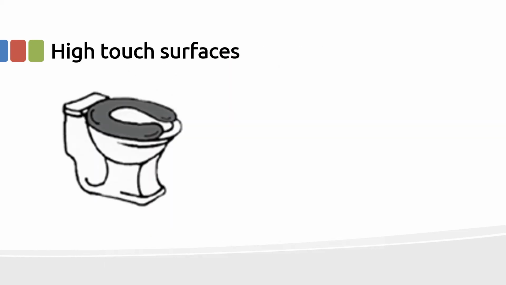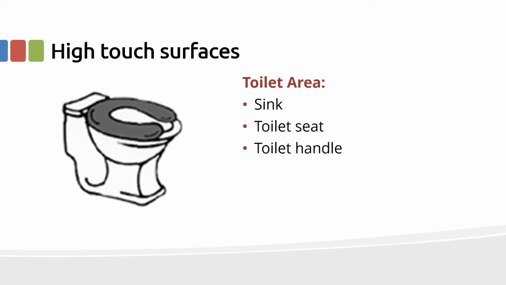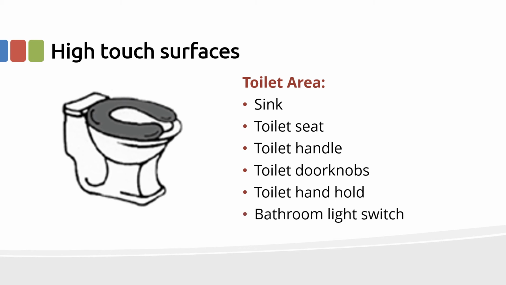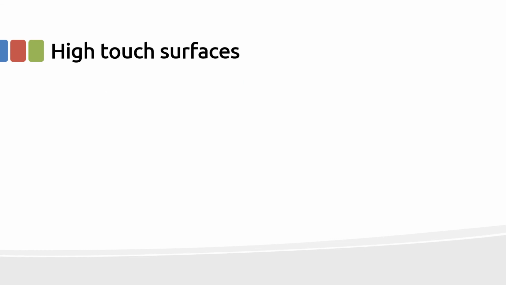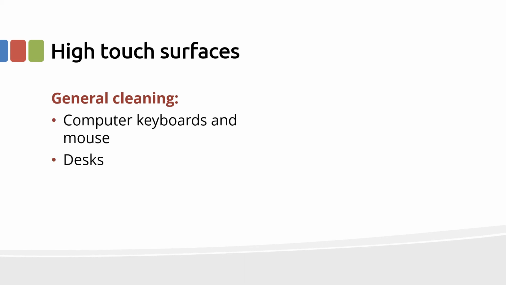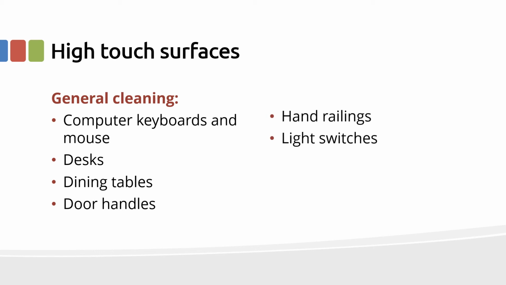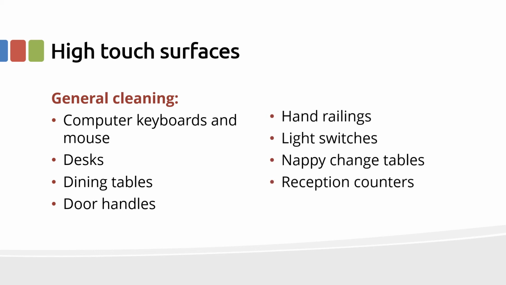The most common high-touch surfaces in the toilet area are the sink, the toilet seat, the toilet handle, toilet doorknobs, toilet handhold, and the bathroom light switch. If you're doing general cleaning of your office or your establishment, focus on computer keyboards and mouse, desks, dining tables, door handles, hand railings, light switches, nappy change tables, reception counters, and telephone receivers.